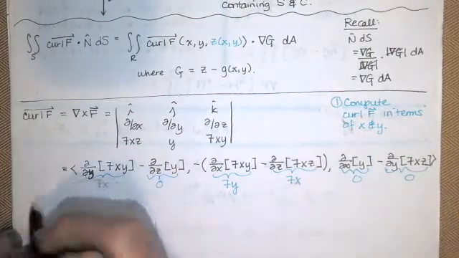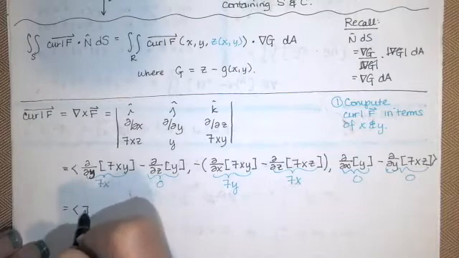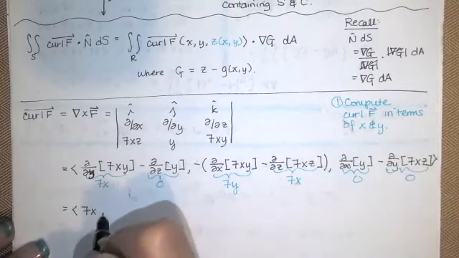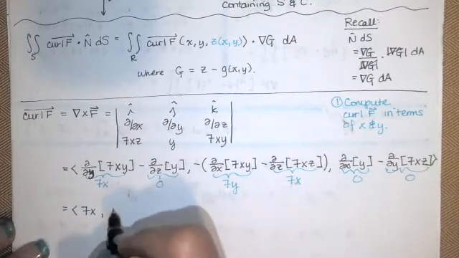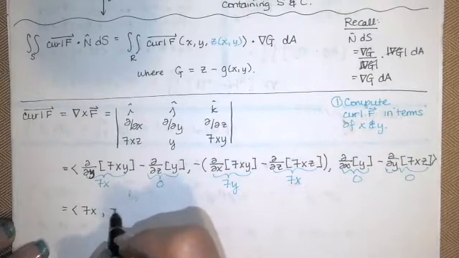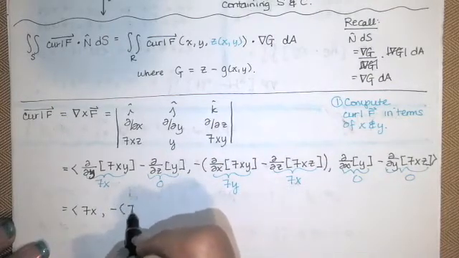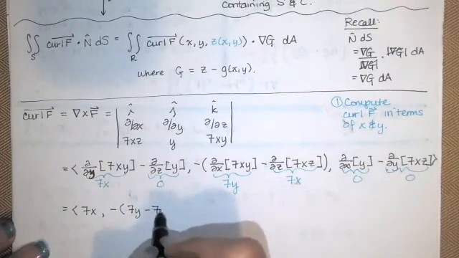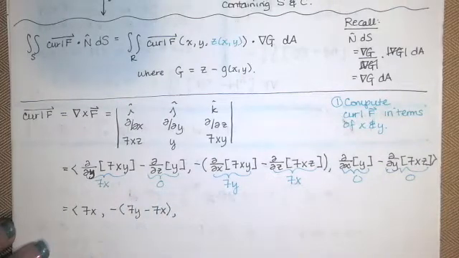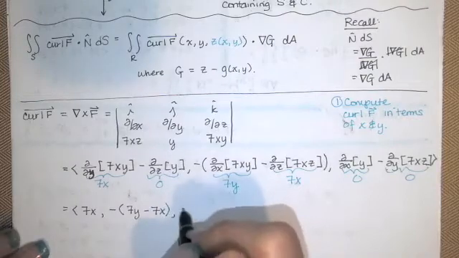So after simplification, we get a curl of 7x times i hat plus -1 times (7y minus 7x) times j hat plus 0 times k hat.